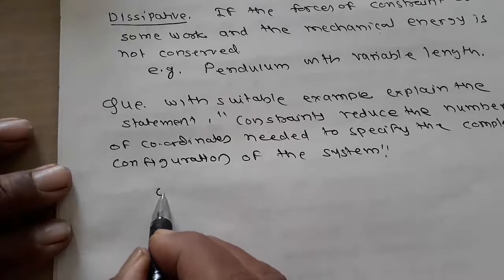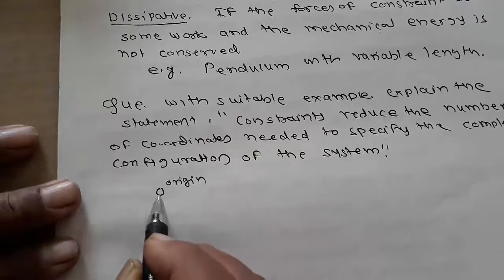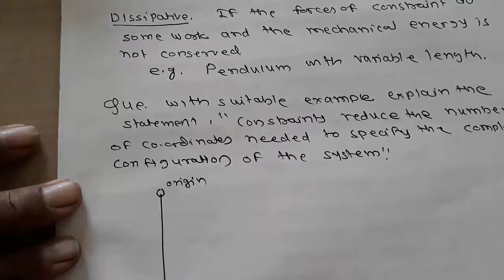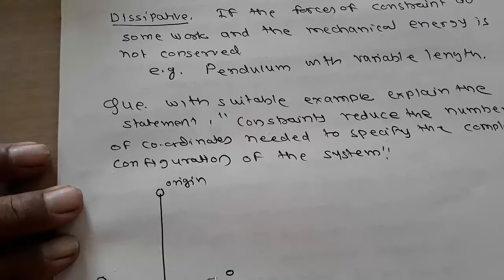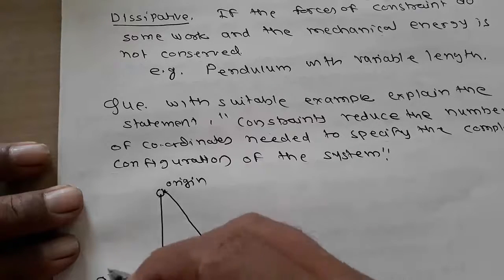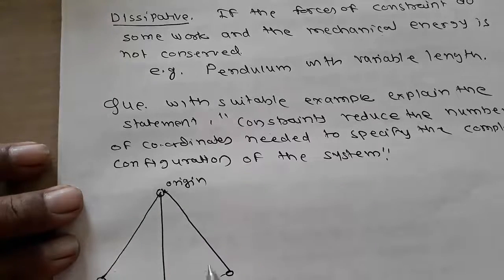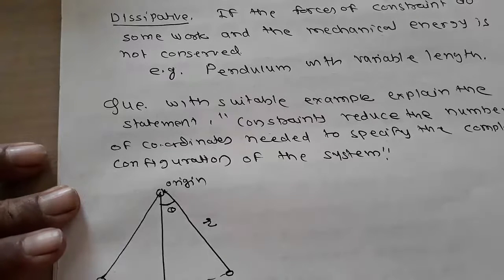Suppose this is the origin of a simple pendulum and it is tied. This is a bob and it moves from this position to this position. This is a simple pendulum. This is r, suppose, and the angle of motion is theta.